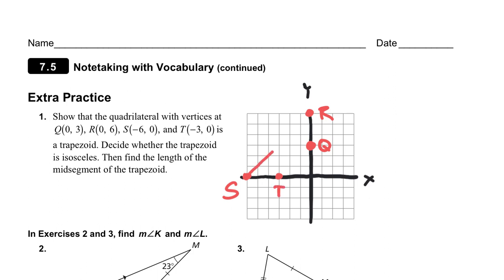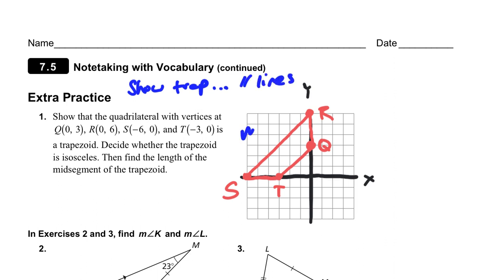So we are going to connect these. There we go. Now, it's first asking, well, it says show that it's a trapezoid. Showing that it's a trapezoid means the bases are going to be parallel to each other. So that means look for the slope. To show a trapezoid, show parallel lines.